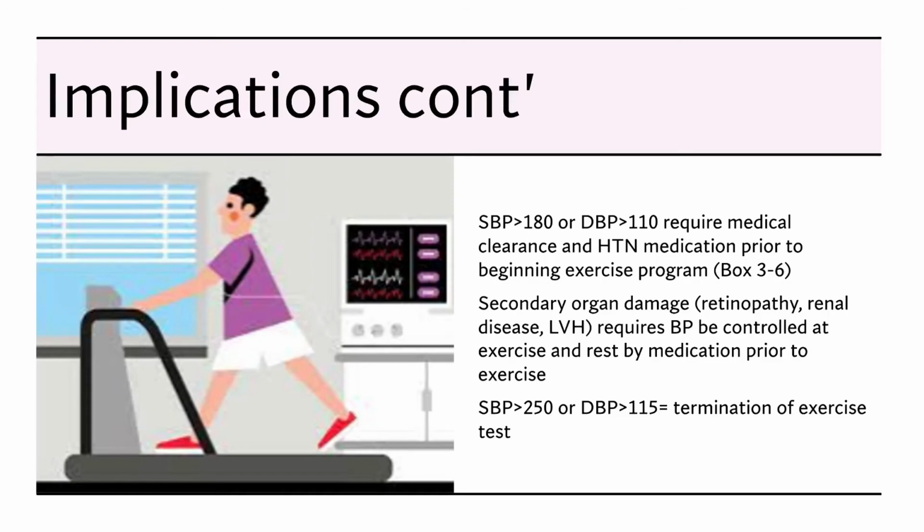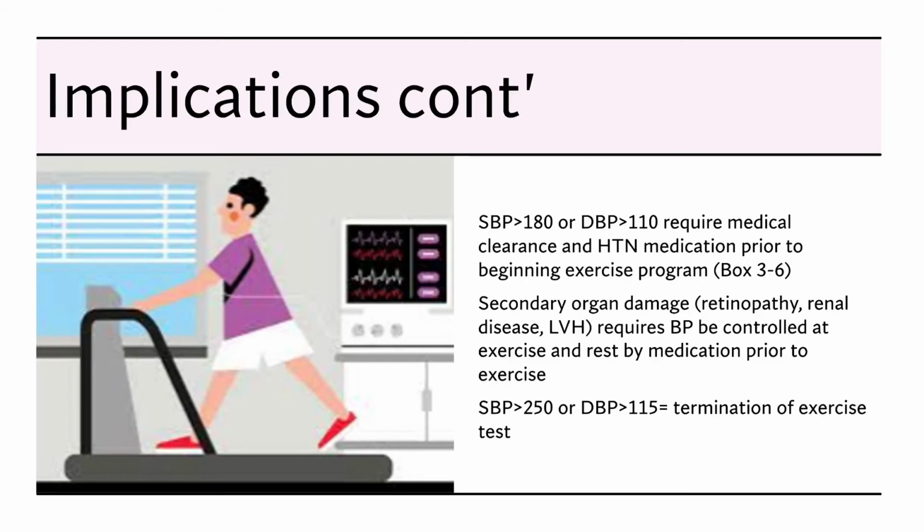So retinopathy, microaneurysms of the eyes, nephrosclerosis of the kidney, chronic renal failure, congestive heart failure, angina, myocardial ischemia, atherosclerosis, stroke, then they need their blood pressure to be controlled at exercise and rest by medication.